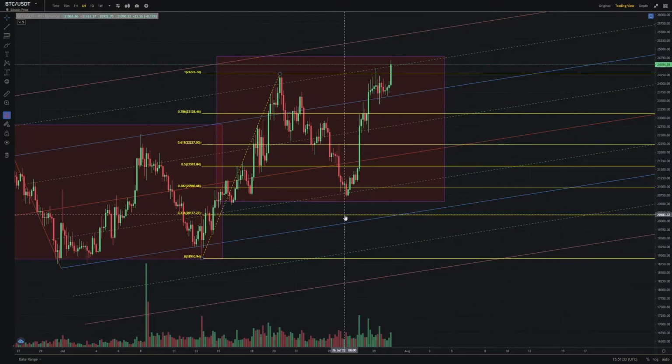However, we expected that the Bitcoin would go to the low of the blue. However, it only stopped here at the 382, and the 236 was way far. And then Bitcoin went back up.